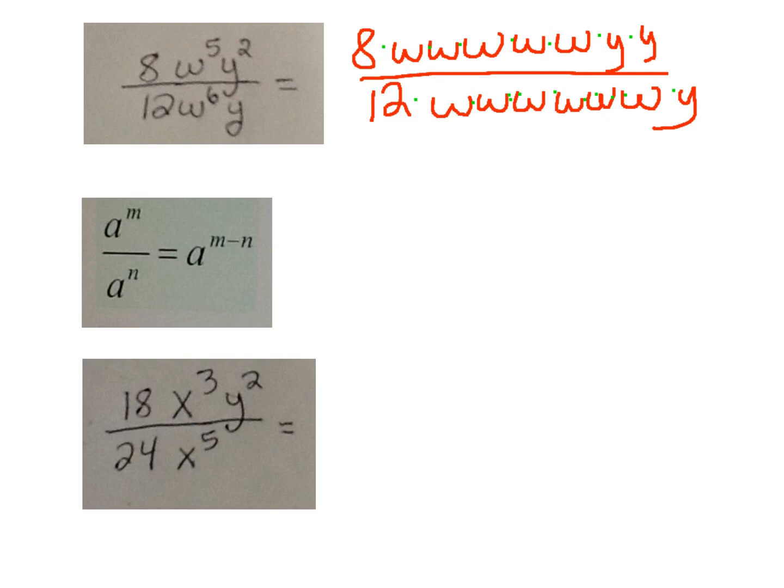Okay, here's our next problem, and I wrote out what it looks like. So again, everything's being multiplied out on the top and then on the bottom, and then we need to divide. So is there anything in common? Well, the W's and a Y. So then let's look at our fraction.